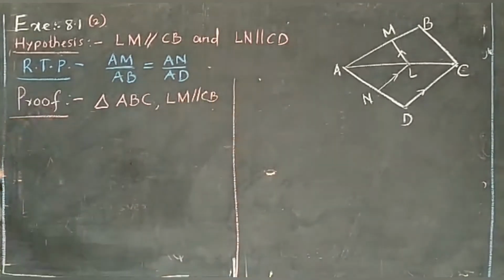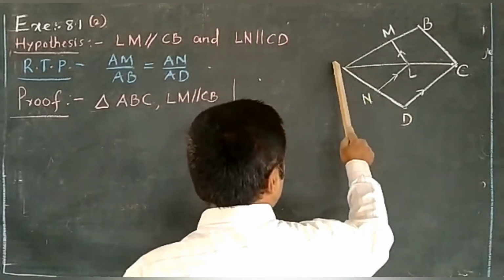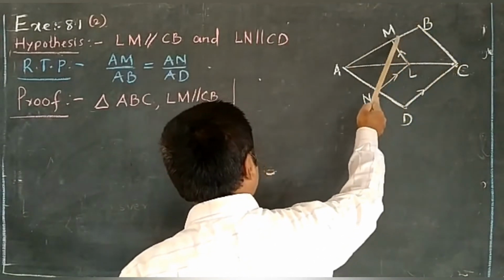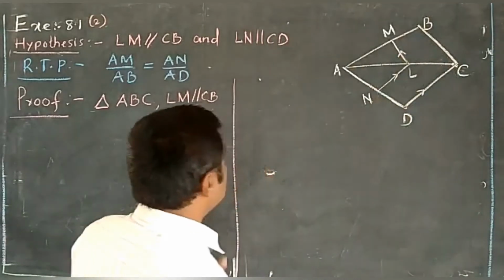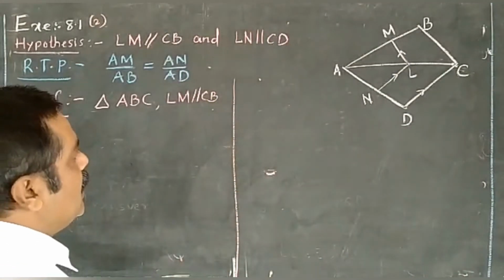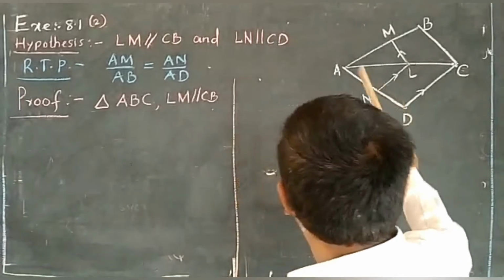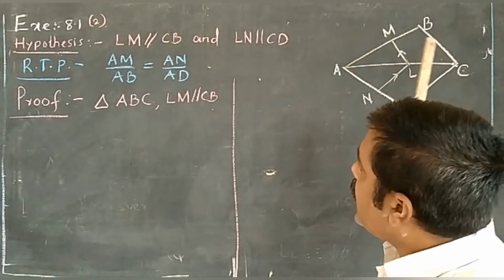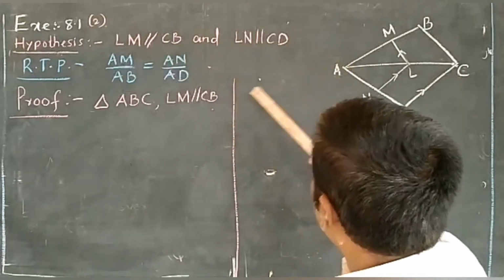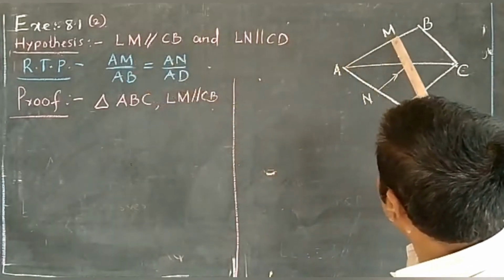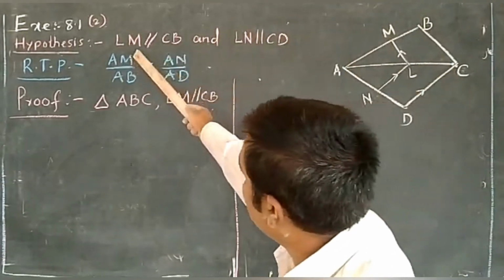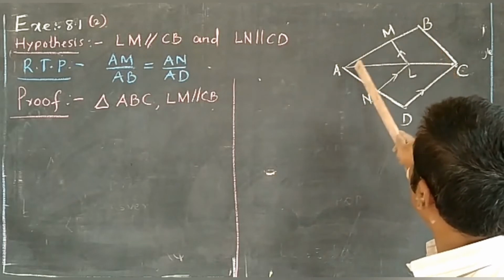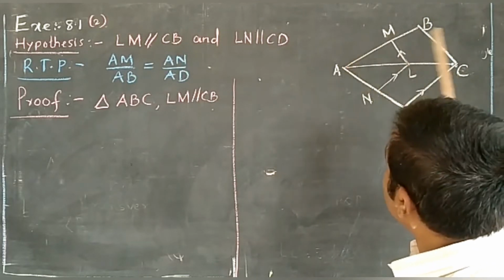When LM is parallel to BC, according to the basic proportionality theorem, we can write AM by AB is equal to AL by AC.